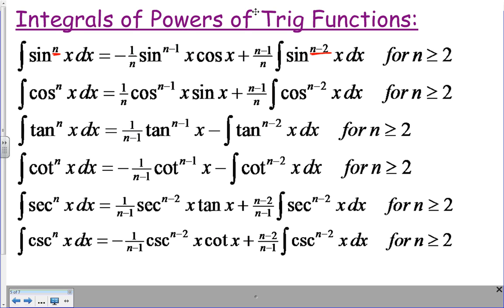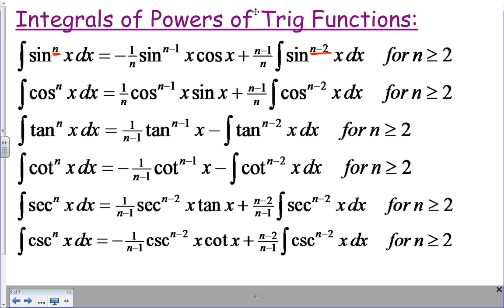Again, if you jump down to cosecant, the only thing that's changed is that first term there has become the opposite, and we've replaced all the functions in there with their cofunctions. So negative 1 over n minus 1 cosecant to the n minus 2 of x, cotangent of x, plus n minus 2 over n minus 1 times the integral of cosecant to the n minus 2 of x dx for n greater than or equal to 2.